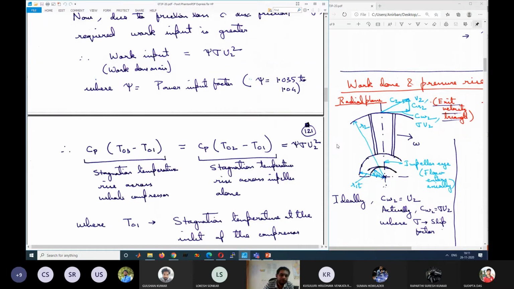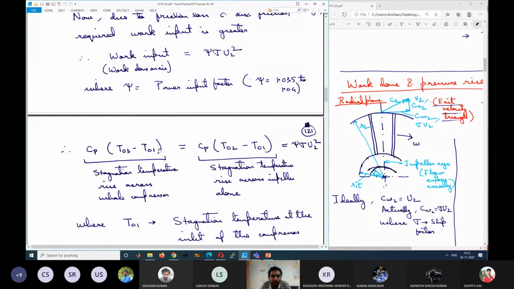So work input is equal to H02 minus H01, or Cp (T02 minus T01), where T02 is the stagnation temperature at the outlet and T01 is the stagnation temperature at the mean radius inlet. So Cp (T02 minus T01) is equal to the work input, which we have already calculated as psi sigma U2 square.